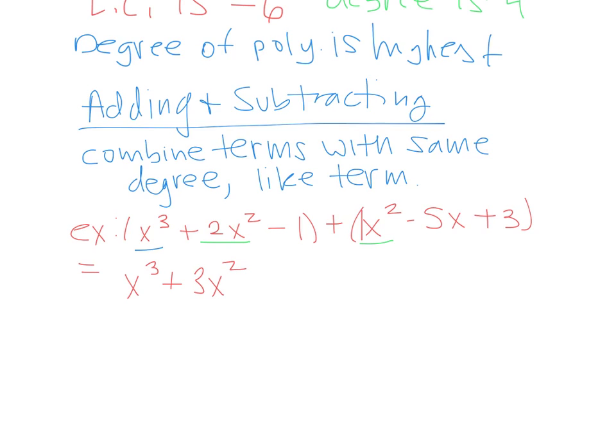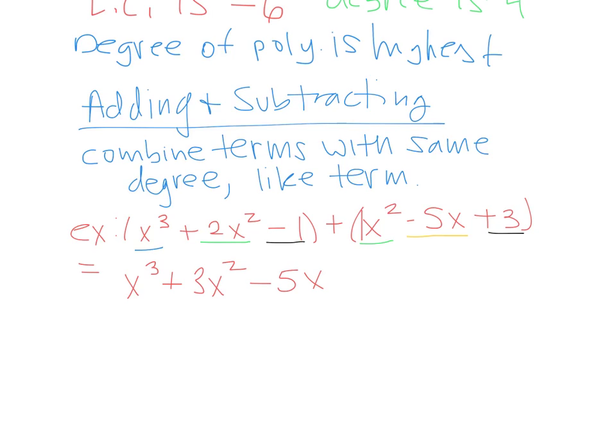Then we move to the x term, and we have a minus 5x. The first polynomial has no x term, so it's just going to be a minus 5x. And then we combine the constant, the term with no variable, the term that stays the same no matter what the variable value is.